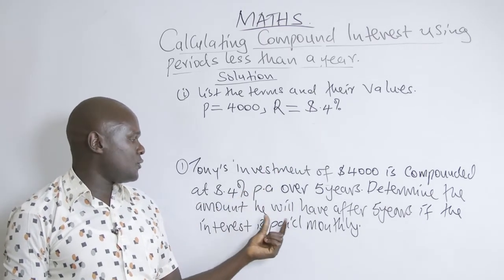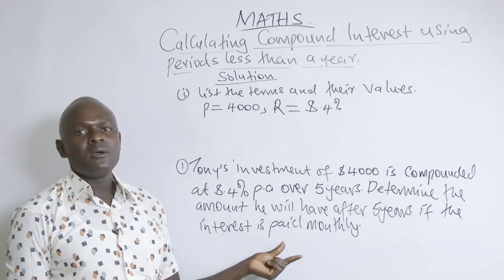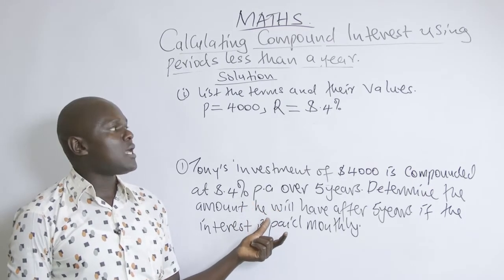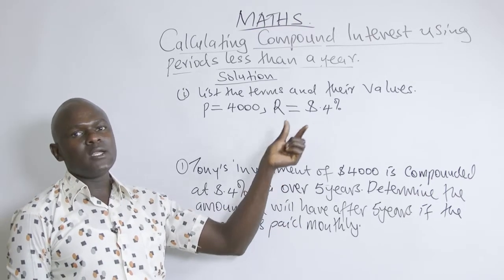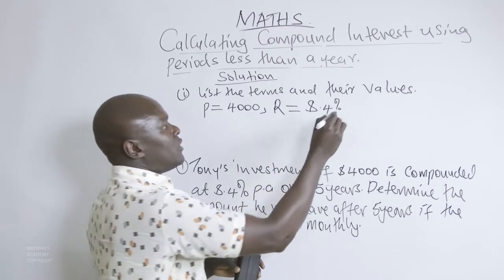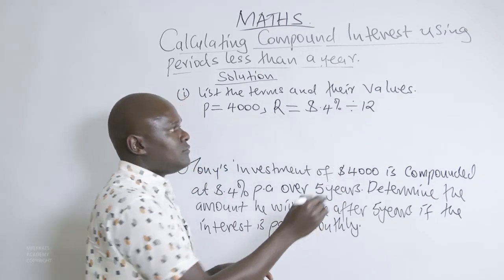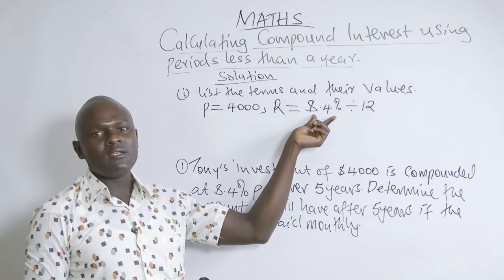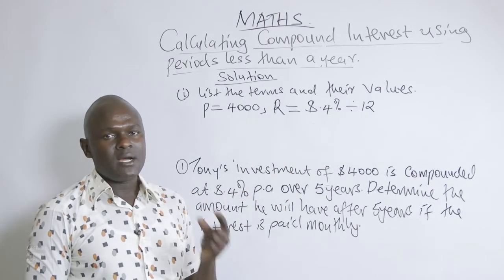Because in this question, we are told that the compound interest is paid monthly. So in a single year, how many periods are we going to have? So that when divided by this, we will get the interest rate per single period. So we will have to divide this by 12. 12 is the number of months in a year because our rates were given per year. So when we divide by 12, we will get our rates per month.